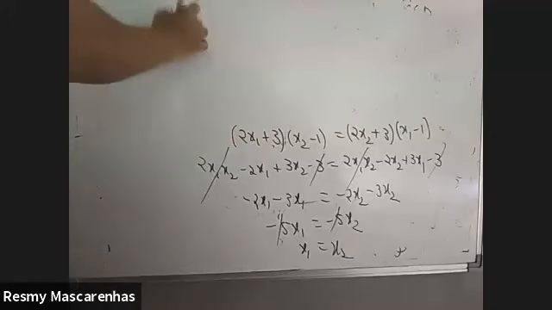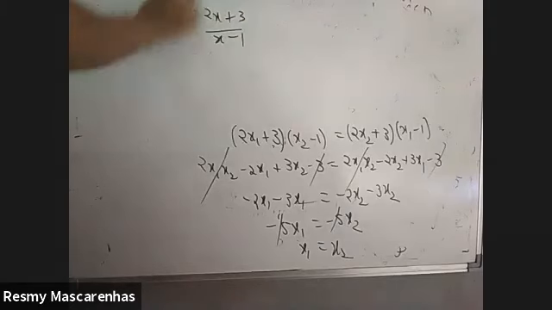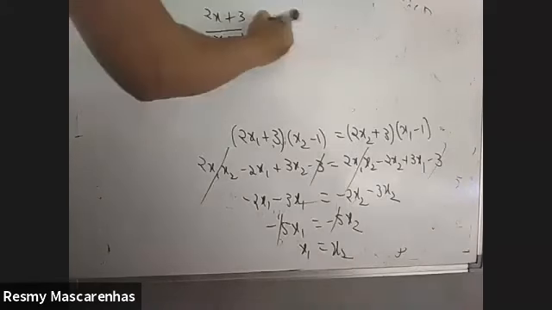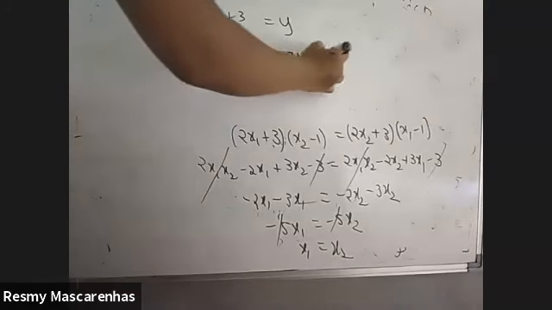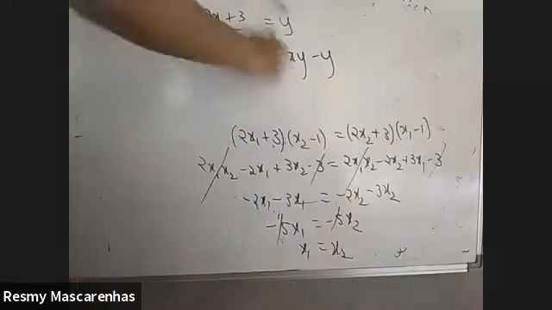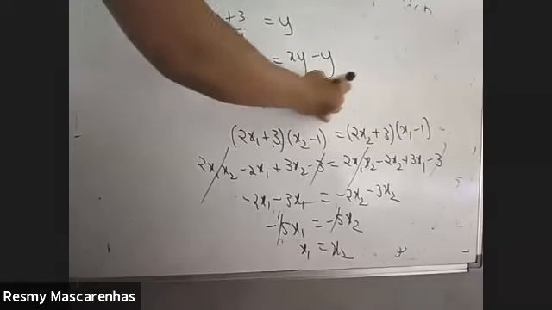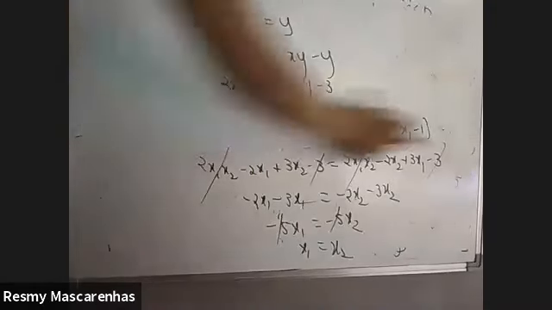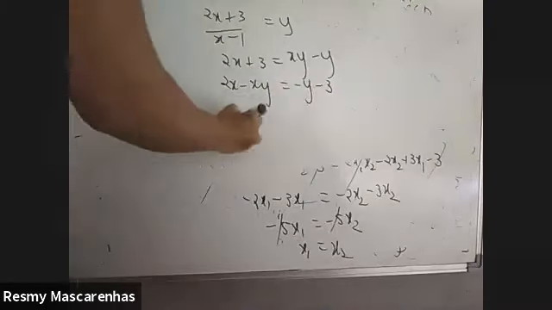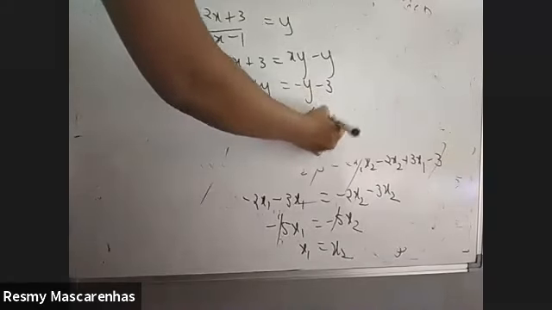So what about (2x plus 3) upon (x minus 1) is equal to y. xy minus y. Bring x terms on one side. Then take out x common. Okay, here you can take out minus common.